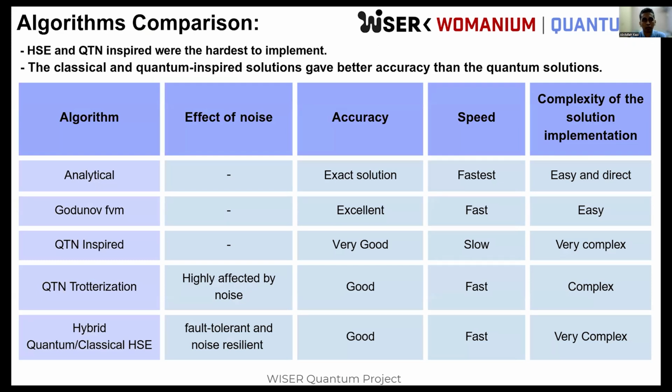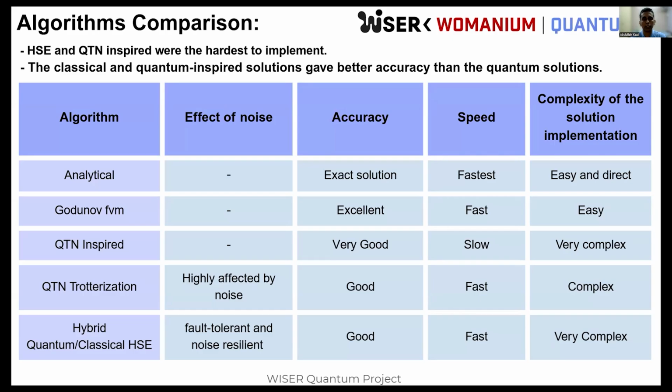Just so that I understand, you have the analytical and the Galerkin FEM, so that's your reference solution. And QTN-inspired QTN tensorization, so is that HSC plus QTN, is what you're saying there? So basically, QTN tensorization is a pure quantum solver, and it is only a quantum tensor network approach.